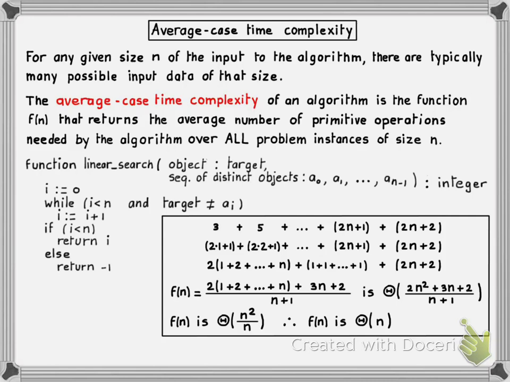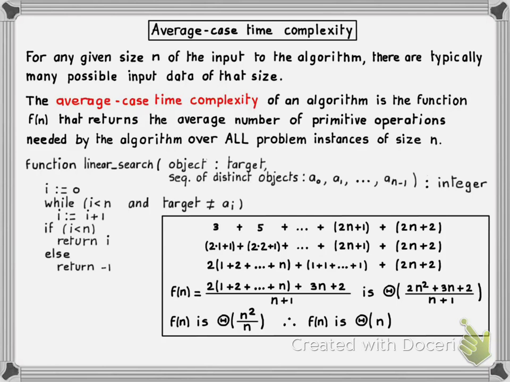Now let's double check that this result makes sense, or at least it's a possible result. Well, remember, the best case was constant time when the target is here. The worst case was linear time when the target is not in the sequence. So clearly the average case must be somewhere between the best case and the worst case.